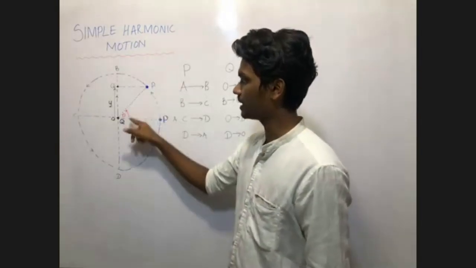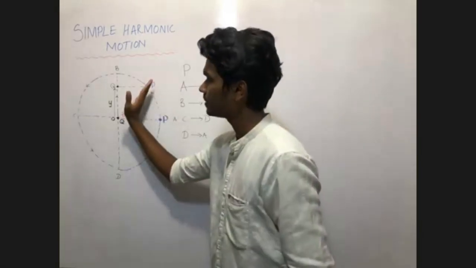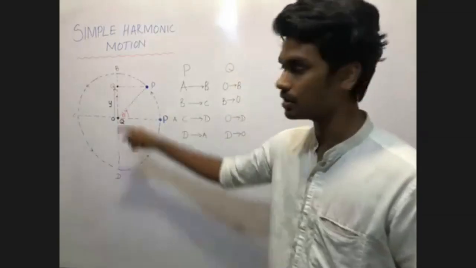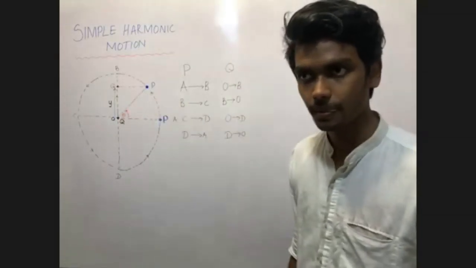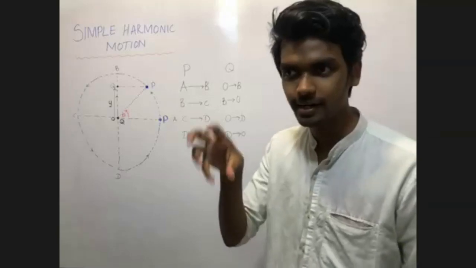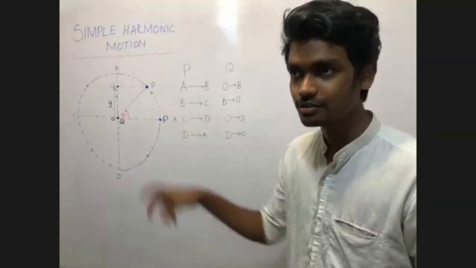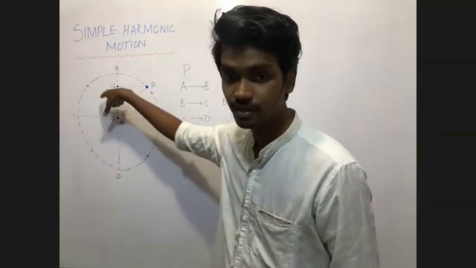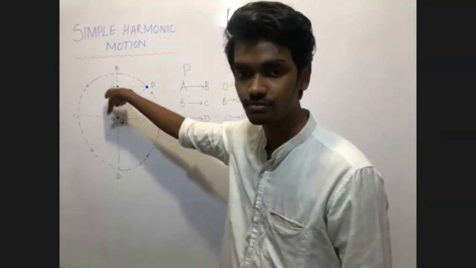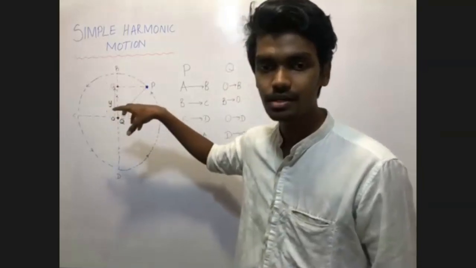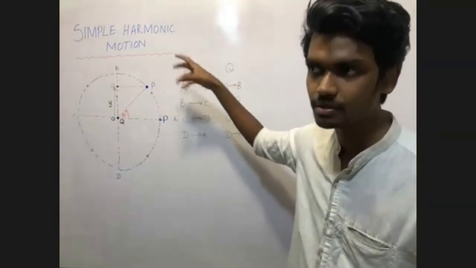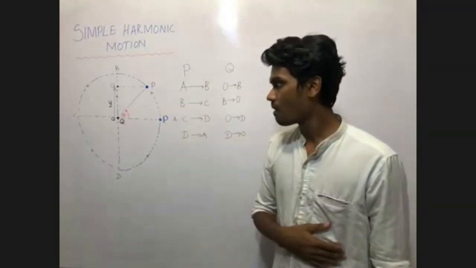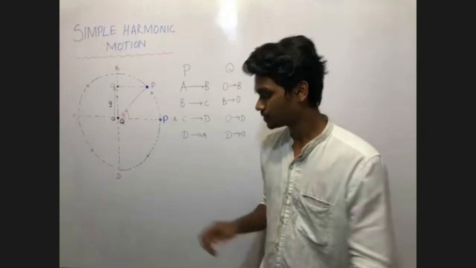When P covers an angular displacement of theta, the particle Q will perform a linear displacement y. So we are going to find an expression for the displacement y, the displacement of simple harmonic motions, the displacement of oscillations.